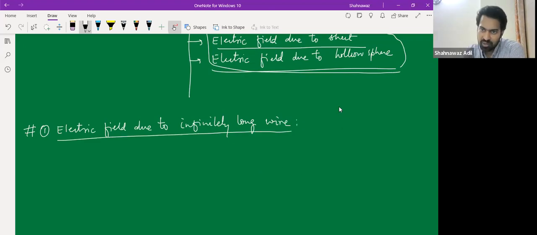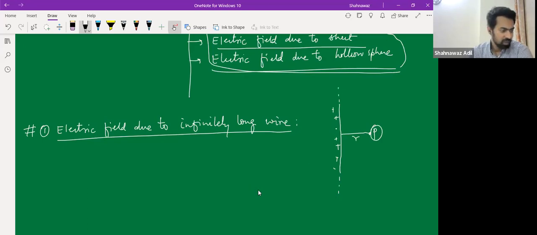So we have this long wire, and this has some linear charge density. So what would be the electric field due to this long charge at this point? Let's say this is r distance at this point. Okay, understood, guys? Yes, sir. Yeah.